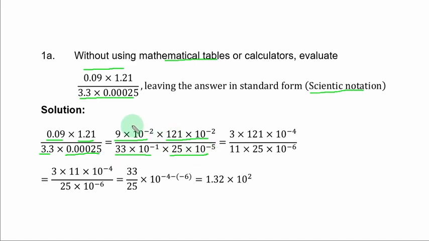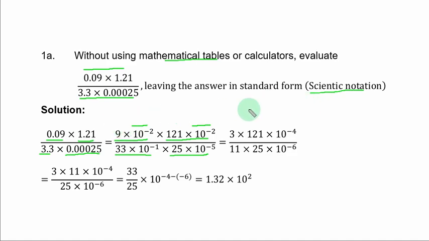We simplify base 10 and the powers using the multiplication law of indices. When numbers with the same base are multiplied, their powers are added. Before then, we try to reduce as well.